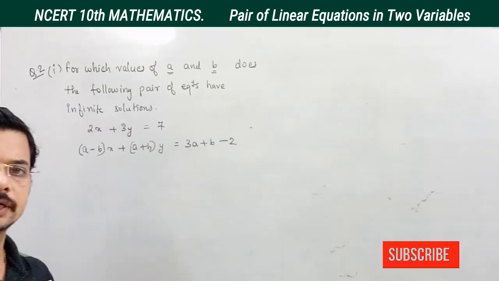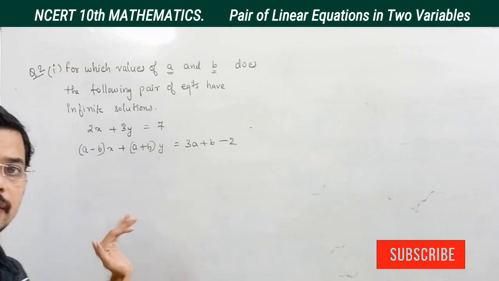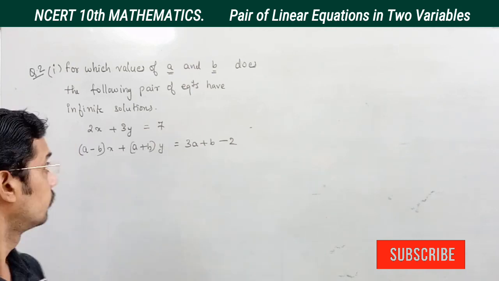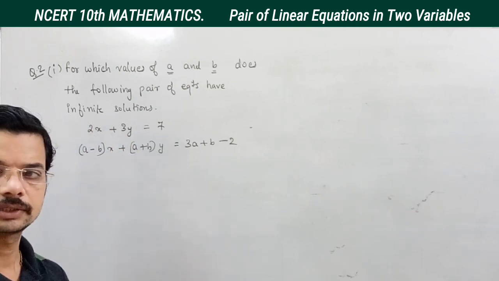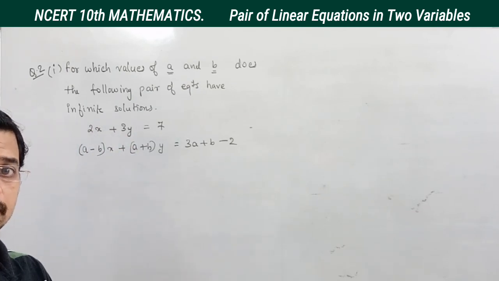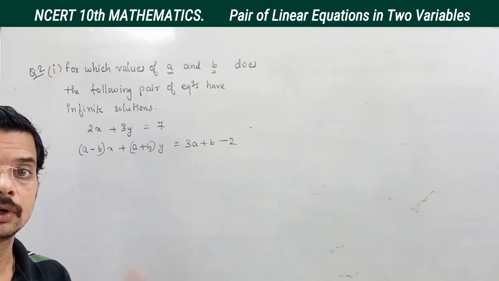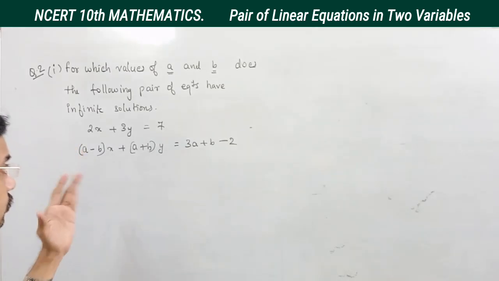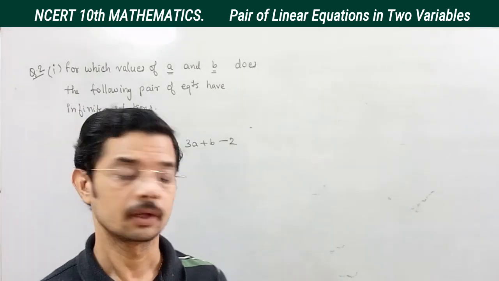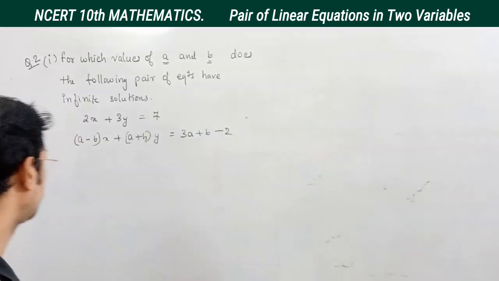Now we shall move on to the next question, which says that we need to find the values of the unknowns a and b if the following pair has infinite solutions. If it has infinite solutions, it means a1 by a2, b1 by b2 and c1 by c2 are all equal, which means the lines are coincident. If the ratios are equal, we say that the pair has infinite solutions.